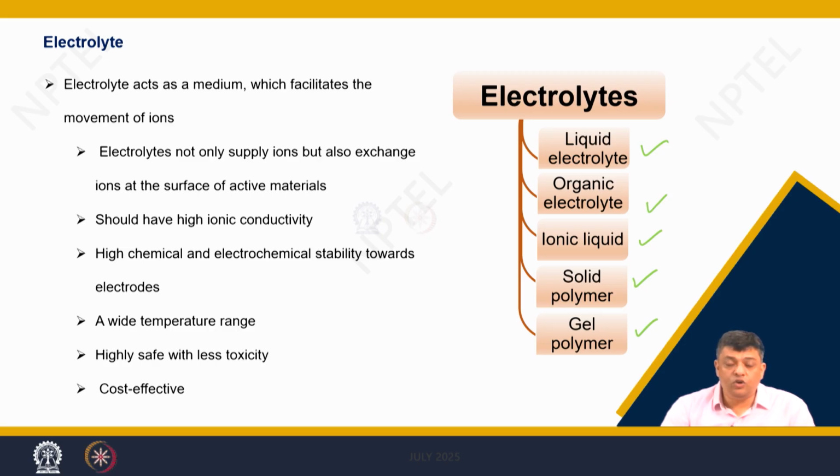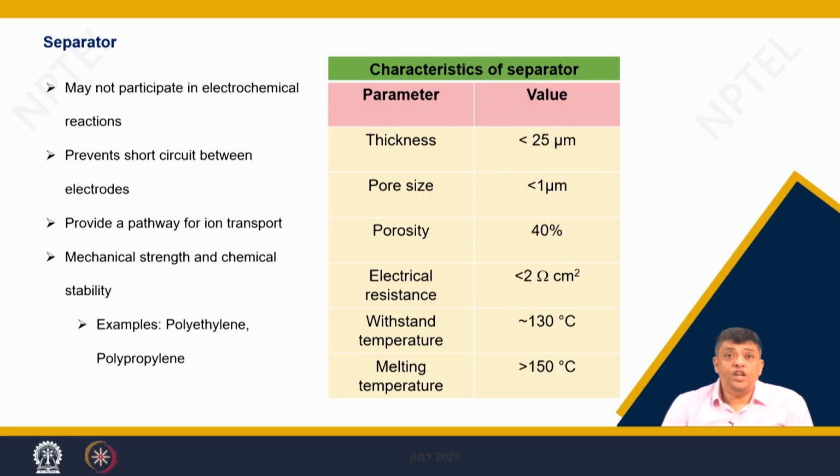So, you have to be very careful in choosing the electrolyte for making a battery, because the performance of the battery is strongly dependent on the characteristics of the electrolyte, but you should also keep other parameters in mind while you choose the battery electrolytes.